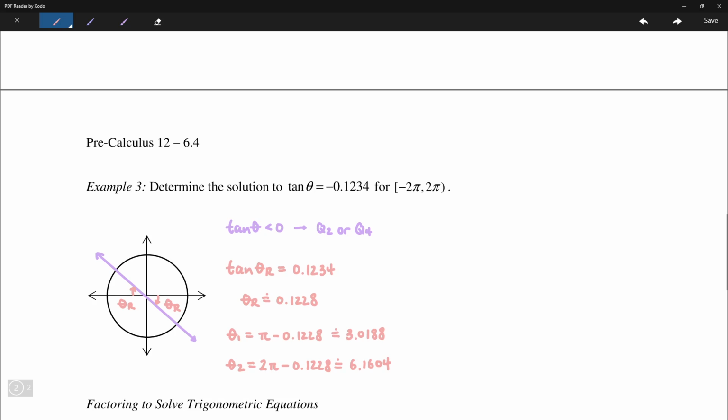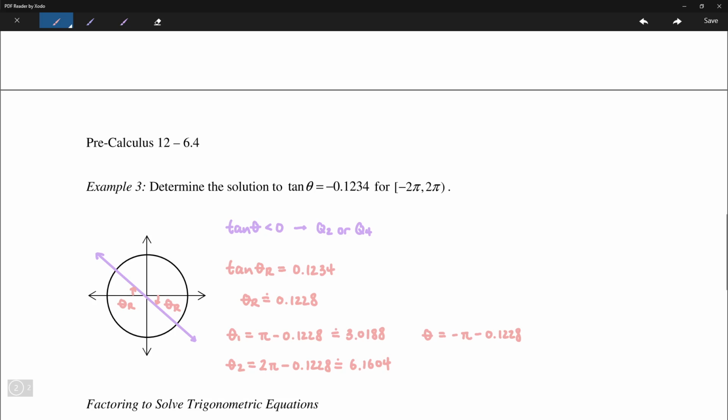So in order to get the other two solutions, we also need to consider what happens if we have -pi minus 0.1228 to get this answer here, but another rotation in the negative direction.